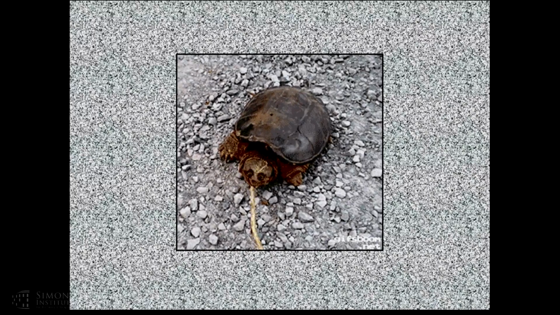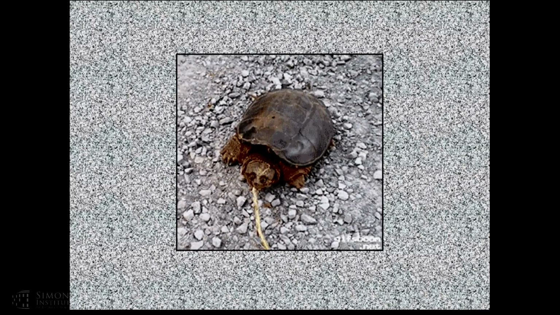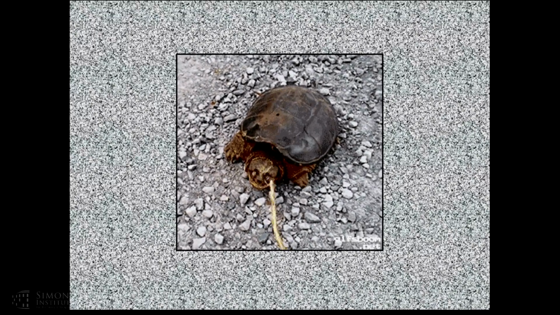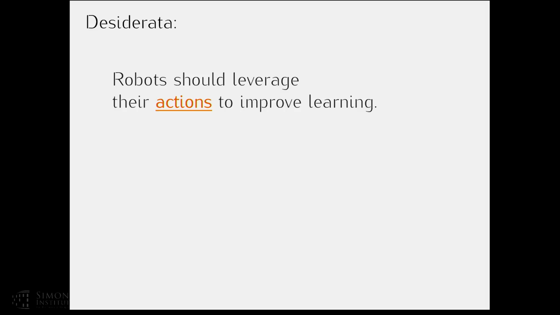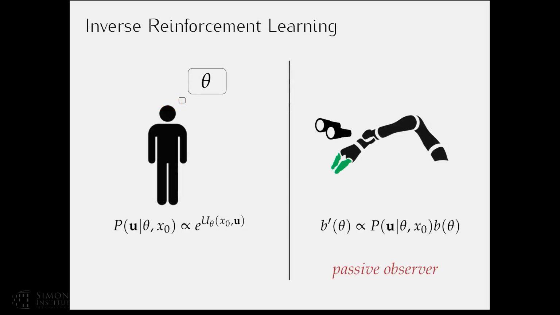I don't know what kind of turtle that is, by the way. So this suggests that passively observing the world is okay, but to really get information, in some cases, it might be useful to take action. So inverse reinforcement learning is great, but maybe one desideratum is that if we have robots who can act, we should be able to leverage these actions to improve learning. That's the first assumption, that robots are passive observers, which we might want to change.